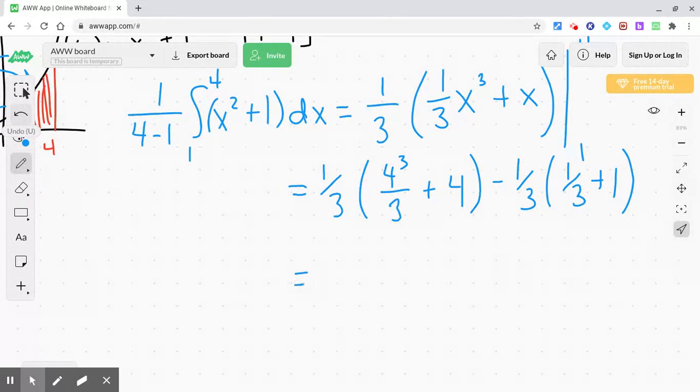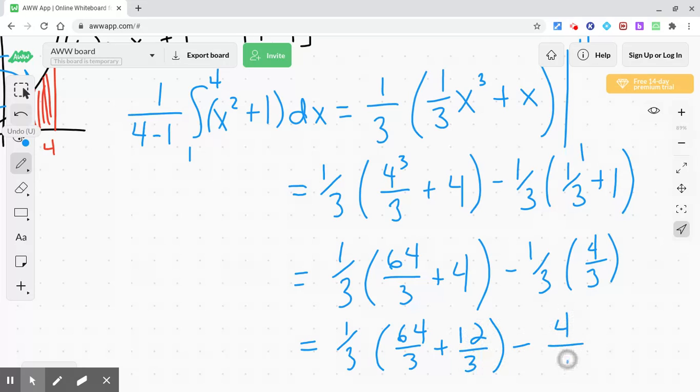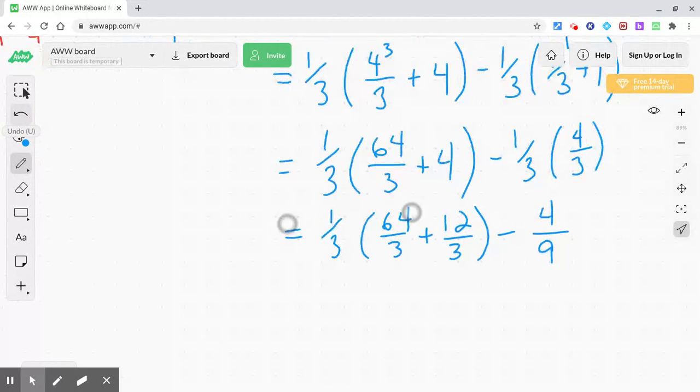equals 1/3 times what? 64 thirds plus 4 minus 1/3 times 4/3. And let's see if we can simplify this guy and get it going by hand while we're at it. 1/3 times 64 over 3. I'm going to make this 12 over 3, minus 4/9 as I multiply.